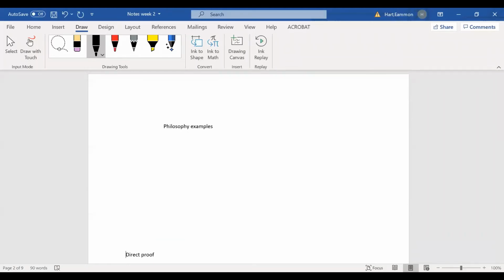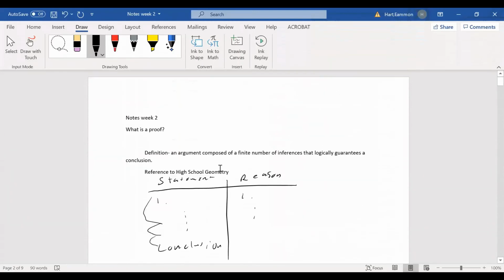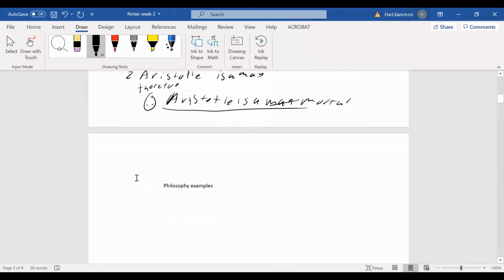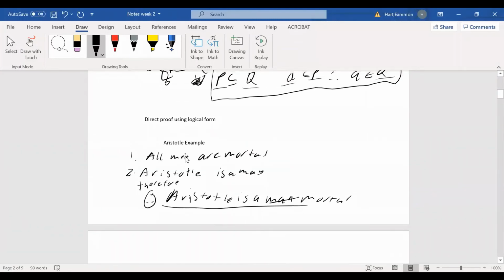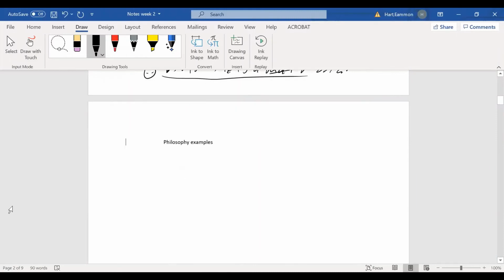So this basic breakdown is used outside of just math. Math is going to be the area that we focus on the most. The Aristotle example is kind of the go-to intro example in philosophy, but there are lots of other ones.